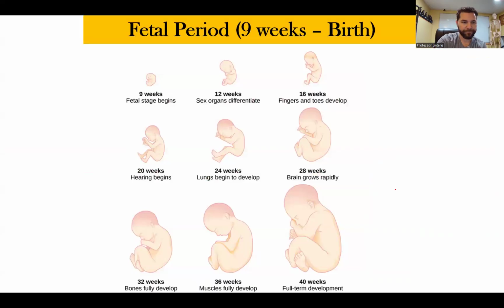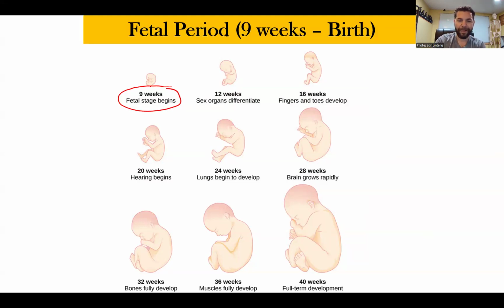Makes sense, right? This is highlighting the fetal stages and what goes on. So you have the 9-week, which we just showed, you could start to see some specialized features.